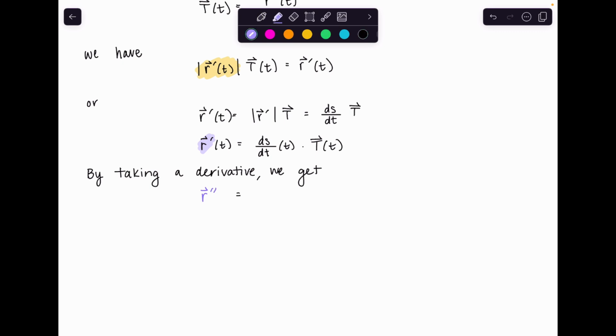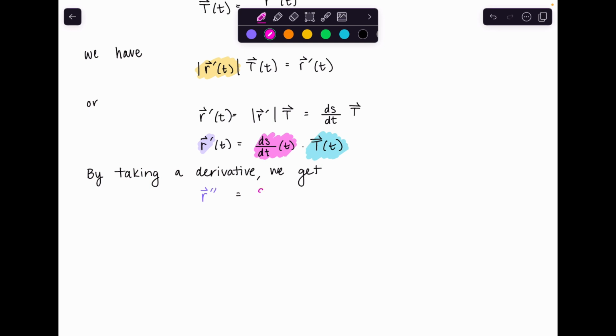On the right, you have two separate functions. The one out front is just a scalar function. T of t is a vector function. Still, if I'm taking the derivative of the product of these two things, I'm going to have to use my product rule.